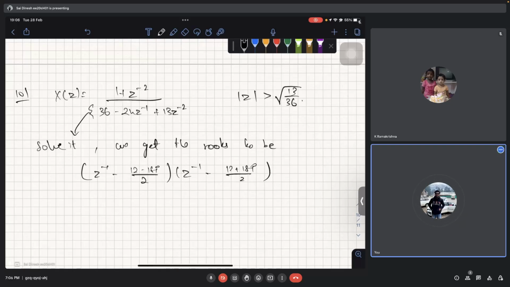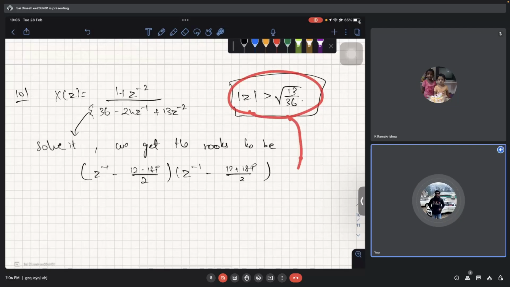So yeah, this actually has that. Now the poles have this magnitude once you solve this, but root 13 by 36 is less than 1.